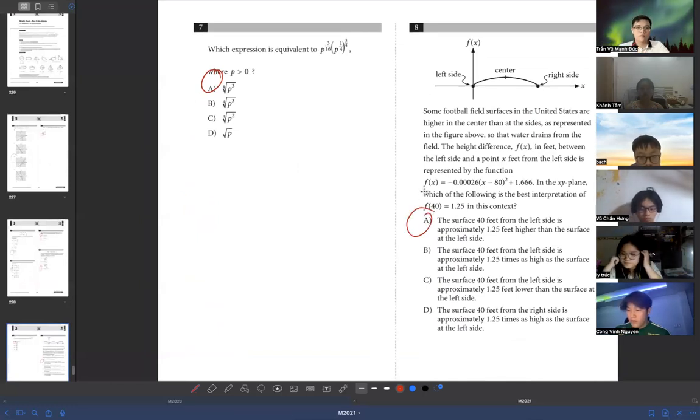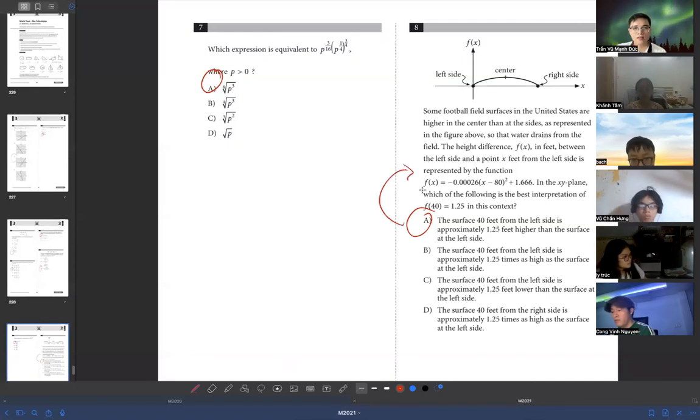How did you do this one? It's just interpreting the context.